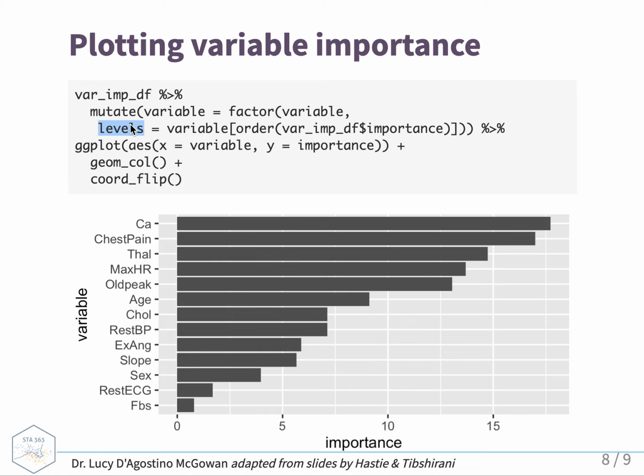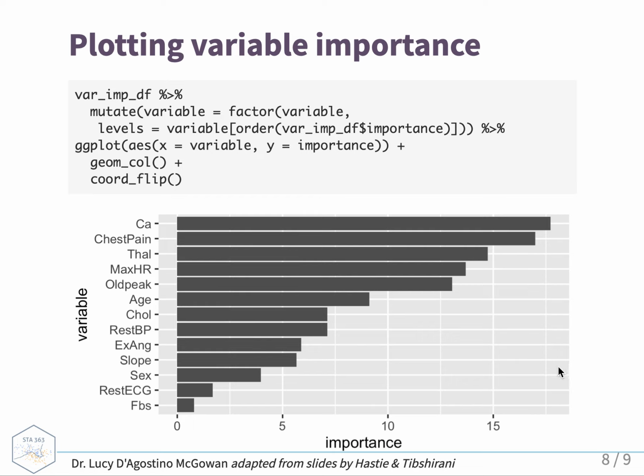That lets ggplot know the order that I want them plotted in. So I want the levels to be equal to variable, ordered in order of importance, so that you see from biggest to smallest the variables that are the most important.